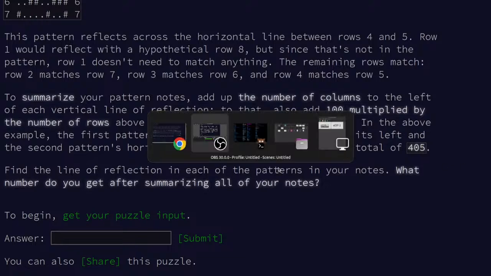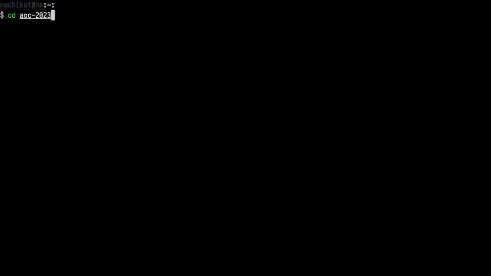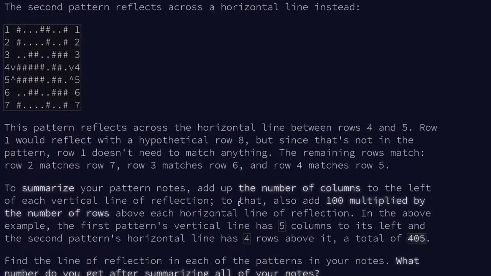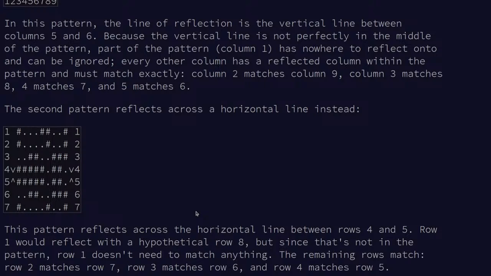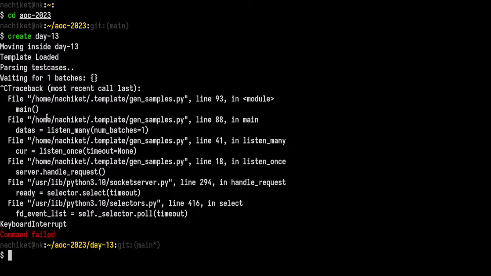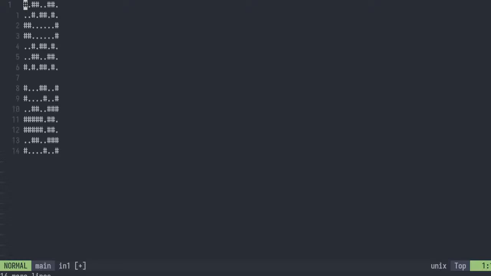Let's start with the implementation. Use 23, create day 13. Is this the only answer? I hope so. Let's take this and put it in. Let me do one thing.